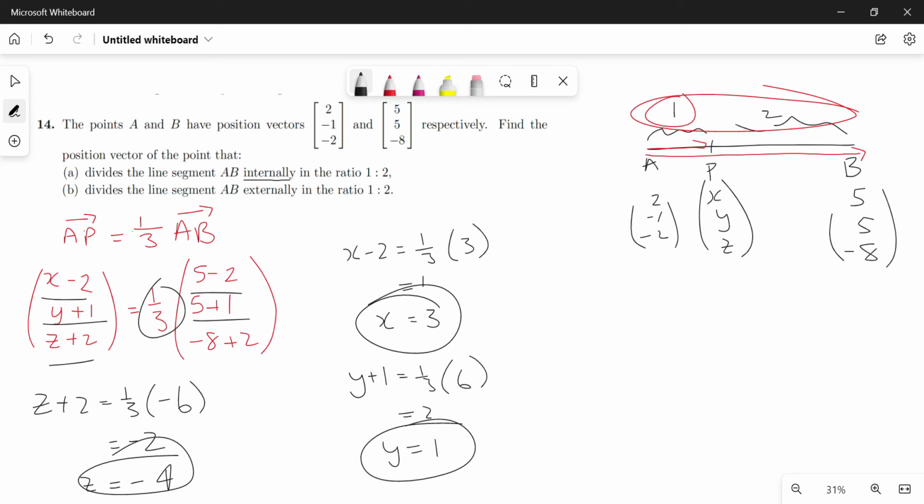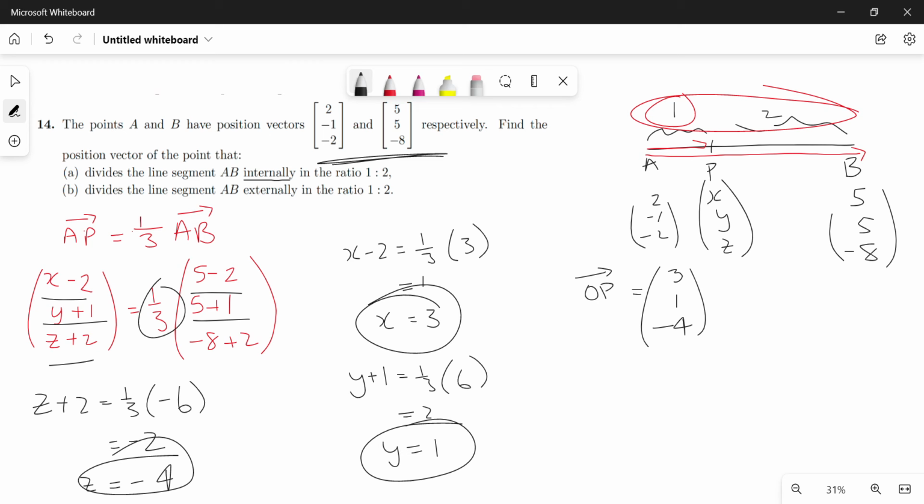So our OP, or our position vector of P, I'll put it in the same format. X was 3, Y was 1, and Z was minus 4. So that's for that one internally.